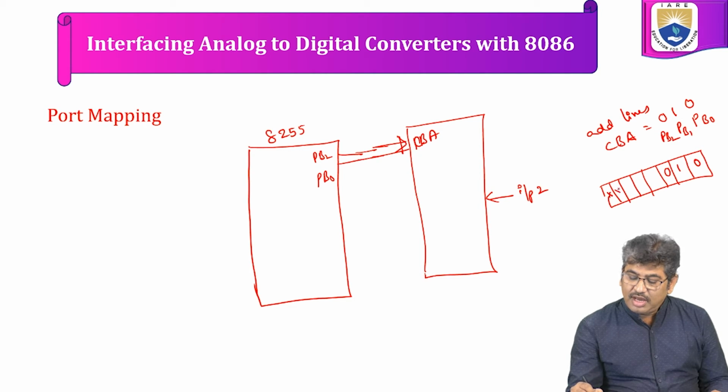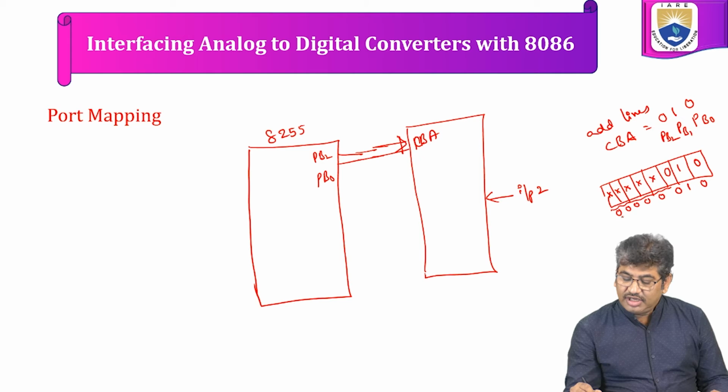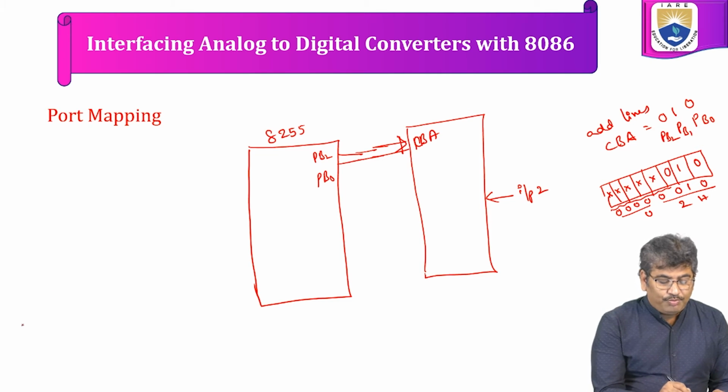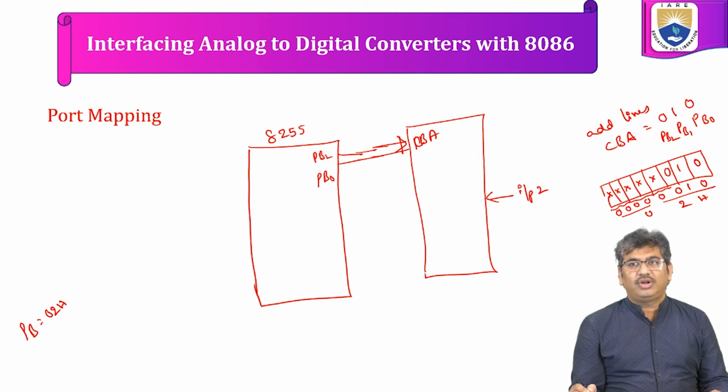The upper or remaining bits are don't cares; we can pass any bit configuration here. So I am choosing the default value as 0, 0, 0, 0, 0, 0, 1, 0, which is equivalent to 02 hexadecimal. So to port B we have to send 02H for selection of the input, which is input 2.